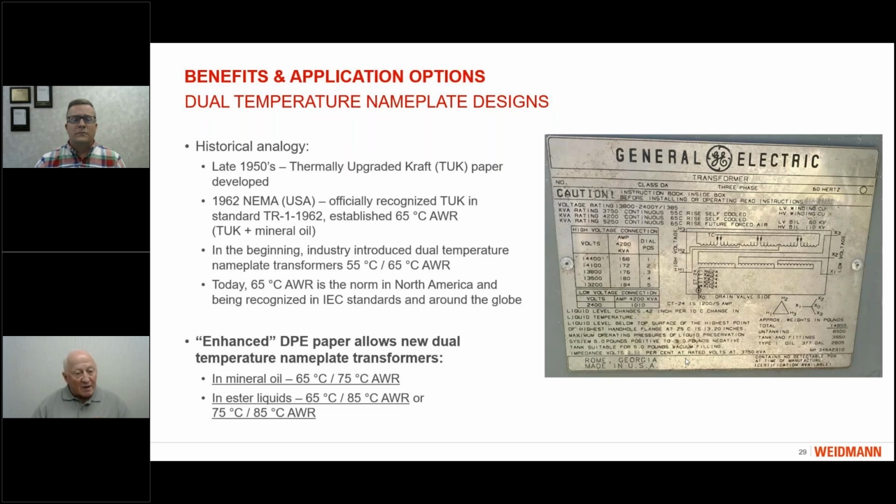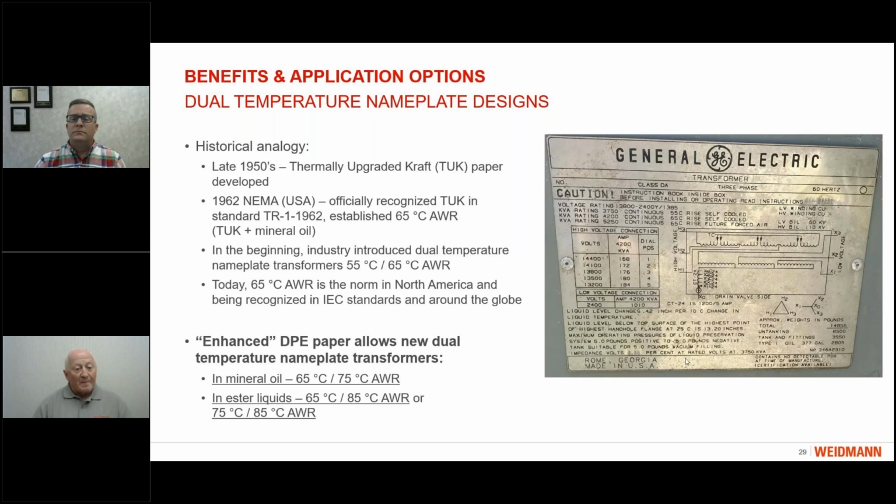Several years later, this paper was recognized by the engineering society and standardized as a 65 degrees average winding rise insulation system. So thermally upgraded kraft paper and mineral oil was defined as a 65 degrees average winding rise system.